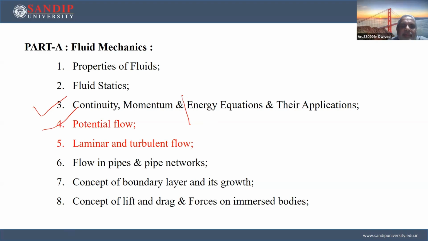And here, the concept of the boundary layer and its growth, and the concept of drag and lift forces on immersed bodies. These may also be new topics for the students of some universities, because in many universities these topics are excluded from the UG course.